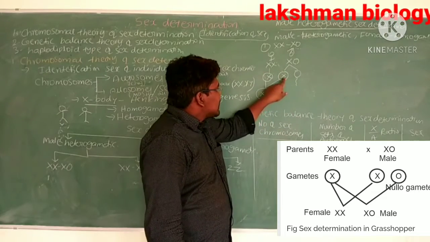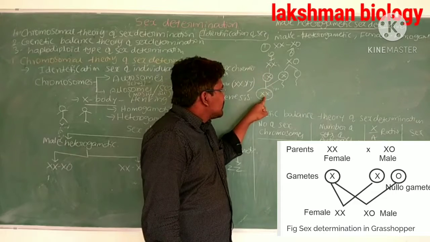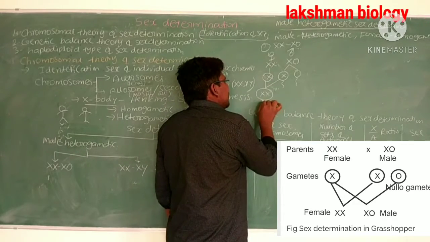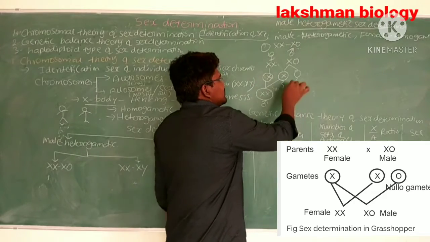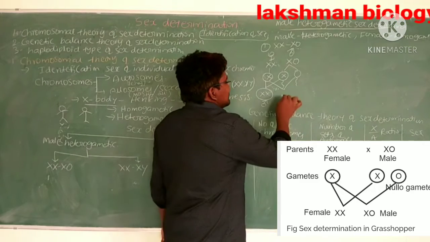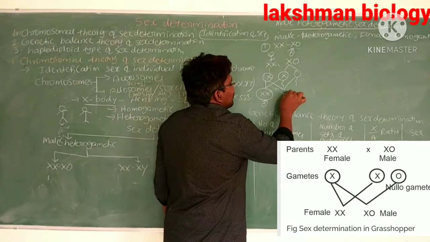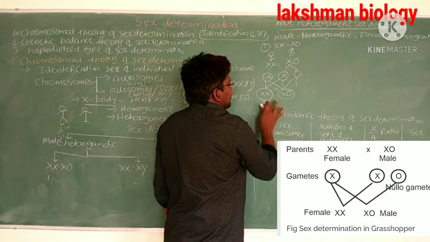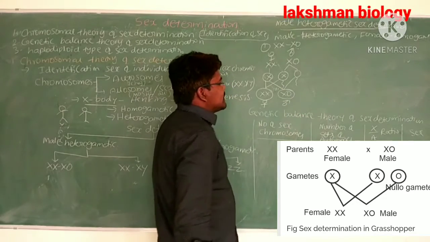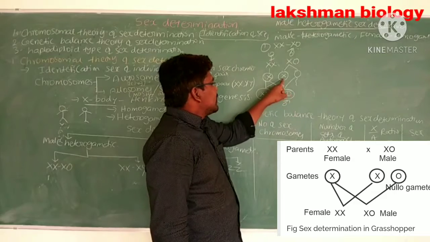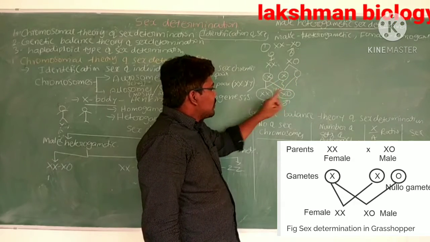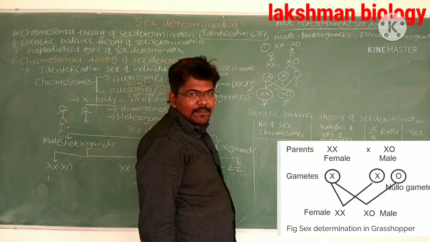If the sperm which contains the X chromosome mixes with the ovum, then we can see the formation of a female. This is the female symbol. If the sperm without the X chromosome combines with the ovum, then we can see the formation of a male.